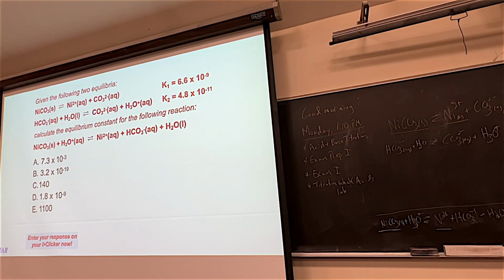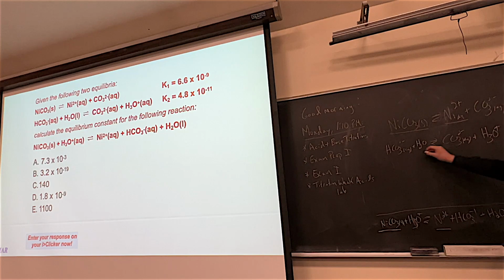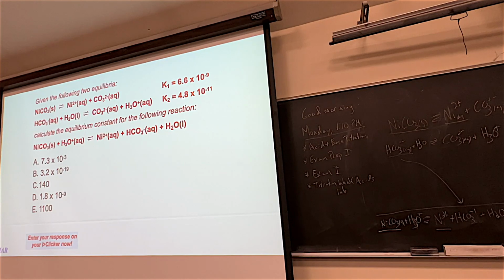All right, we want NiCO3 as a reactant, and we want nickel 2 plus as a product. But if you look at the next one, hydrogen carbonate is a product, and in K2 it's a reactant, all right? So that is strong evidence that we're going to flip it.